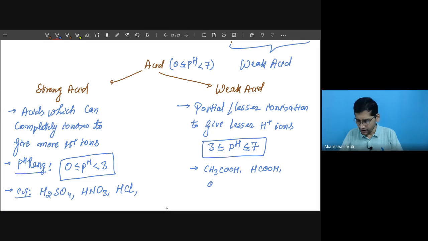So these are mostly organic acids. Organic acids are weaker acids. These are mostly mineral or non-organic acids. Acids which do not contain carbon are called mineral acids. Acids containing carbon and hydrogen are called organic acids. About organic acids we will learn in chapter 4. So the pH range you have to keep in mind, and their examples you also have to keep in mind. So this was about strong and weak acids.